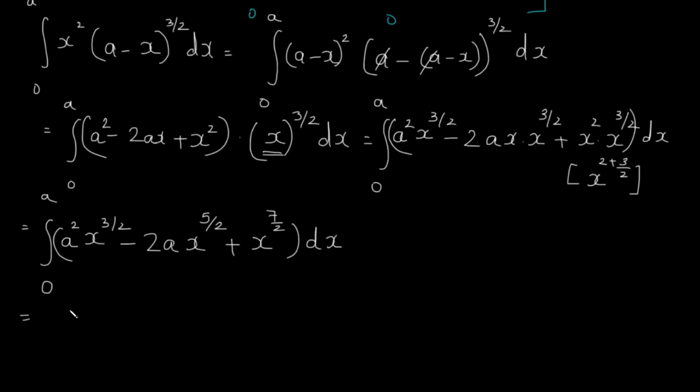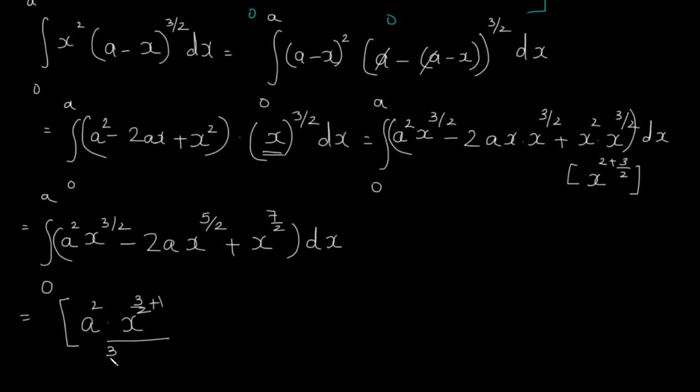Then, in the next step, we are going to solve it between the limits 0 to a. We are not going to write the integral sign, but we are going to solve it. In each case, we use the very first formula for integration that we learned, x raised to n plus 1 upon n plus 1.